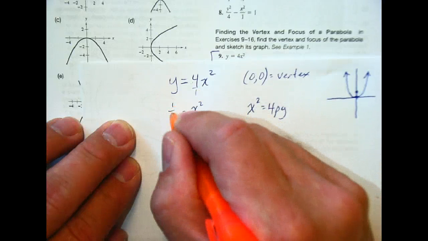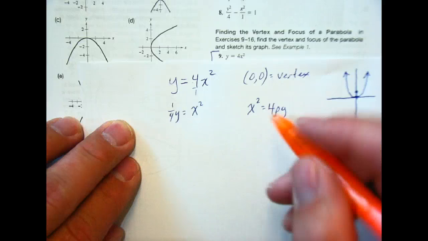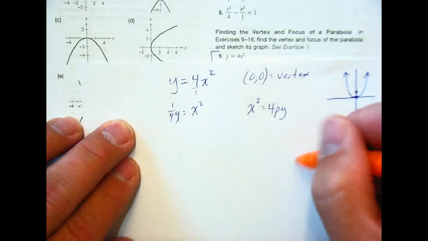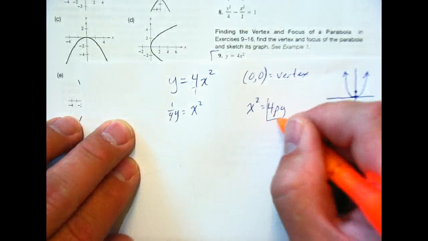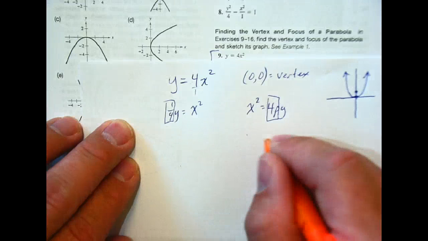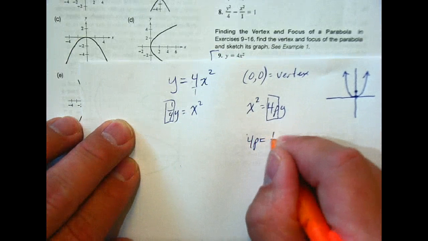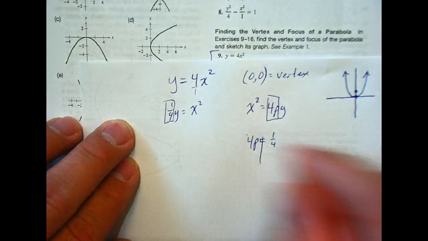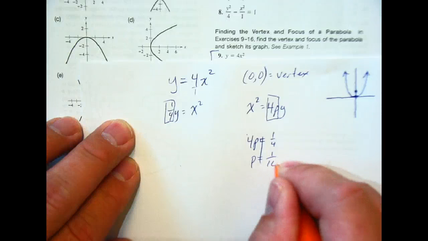So 4p equals 1/4. Divide both sides by 4, and we get p equals 1/16.